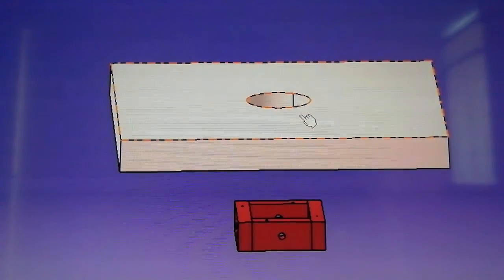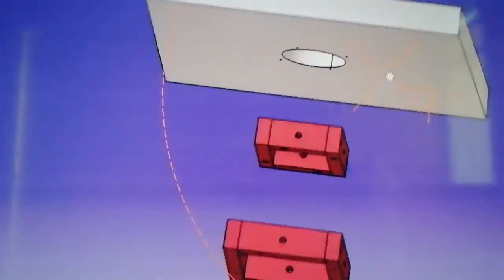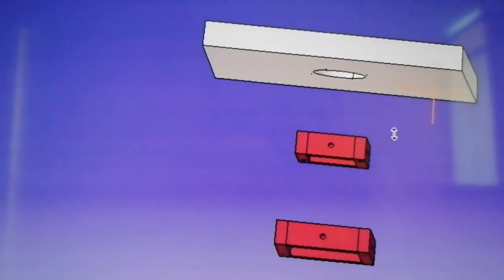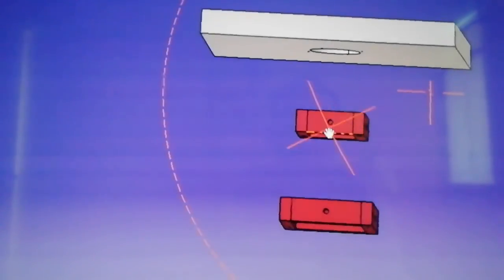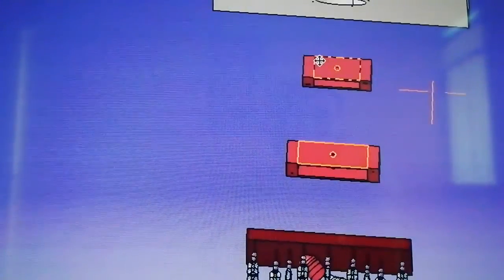This piece here represents the ceiling. So in order to attach this chandelier to the ceiling, I figured out how to do it. This piece is also made of wood, and also this one.